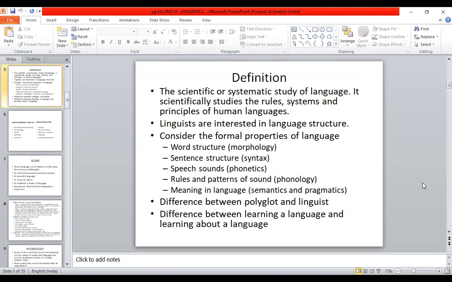So it does not study literature, the emotive kind, or the connotative kind, no. It is a scientific study. So every rule has a logic behind it, has a reason behind it. Okay, so every study in linguistics should be accompanied by a logical reason.